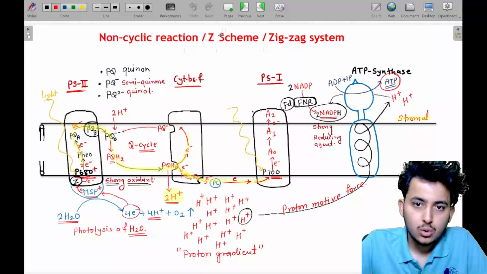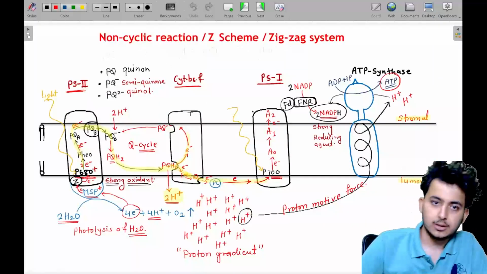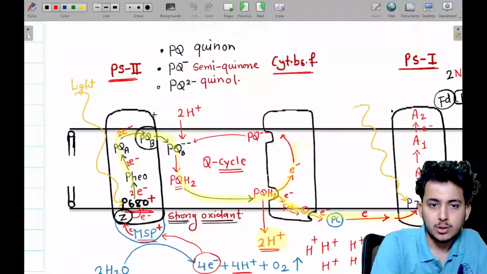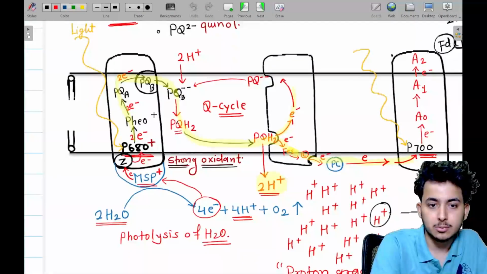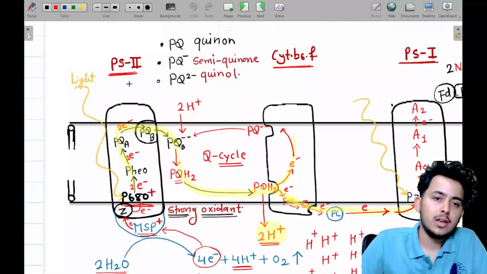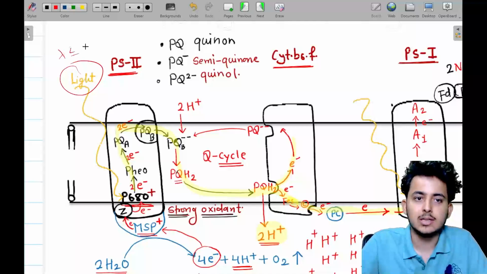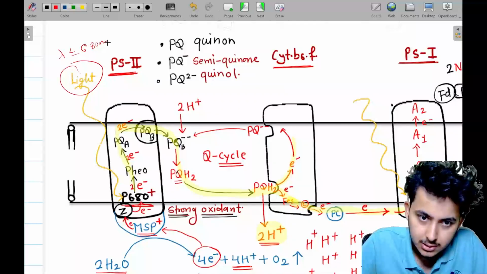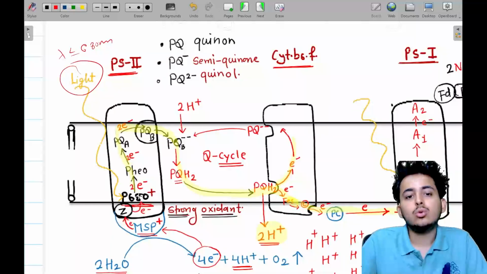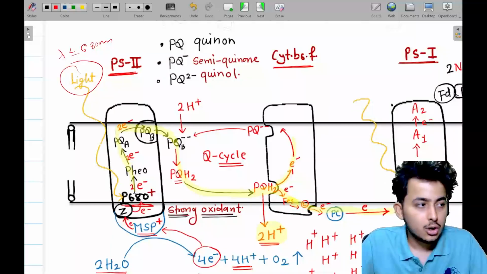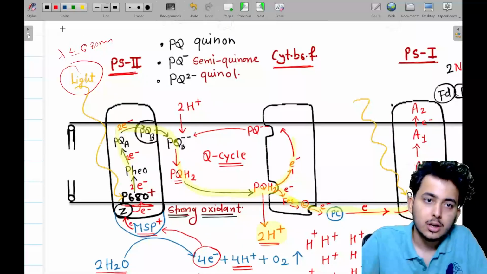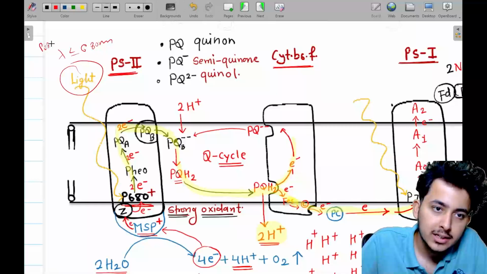Now this flow is shown in more detail here. So let us see what is happening by zooming into photosystem 2. When light is incident with a wavelength less than or equal to 680 nanometers, it causes P680, that is photosystem 2, to get to the excited state.